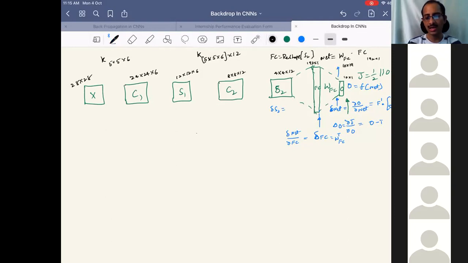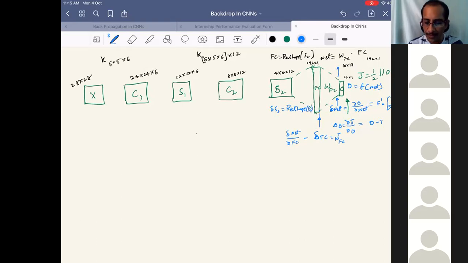See, 4 cross 4 cross 12 we have converted to 192 cross 1. Now what should we do? The opposite reshaping. Yeah, opposite reshape. So reshape of FC, that's all.